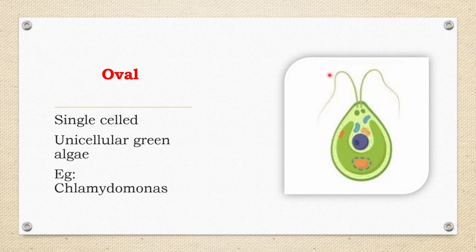They have two tiny flagella, a tail-like structure, which helps to move its body and find sunlight. They are round or oval in shape. Example, Chlamydomonas.